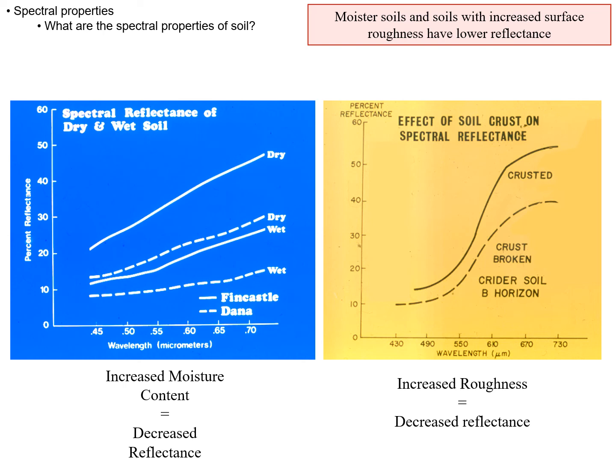A smooth surface would be crusted, and when you break up the crust, you have more opportunities for light to interact with the soil surface more than once. So if you have a smooth soil, light's going to come in, be reflected once. When you break up the crust, you get that roughness, and the light may interact with more than one surface, therefore lower reflectance.